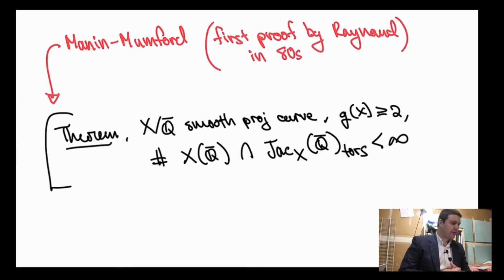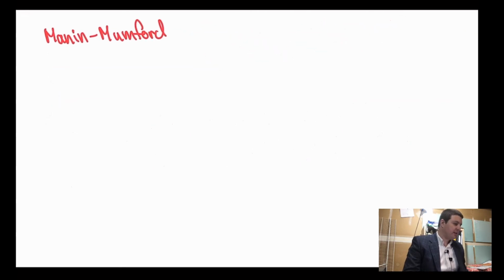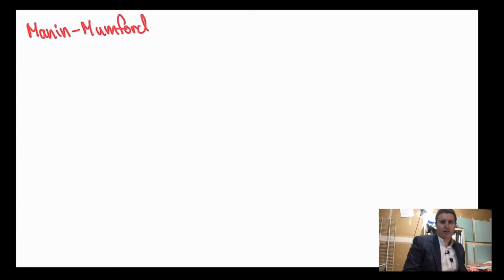The first proof of this was by Raynaud in the 80s, and I'm going to talk about a proof that uses p-jet spaces due to Buium. Before getting into it, I want to say a little bit about why this is a remarkable statement.